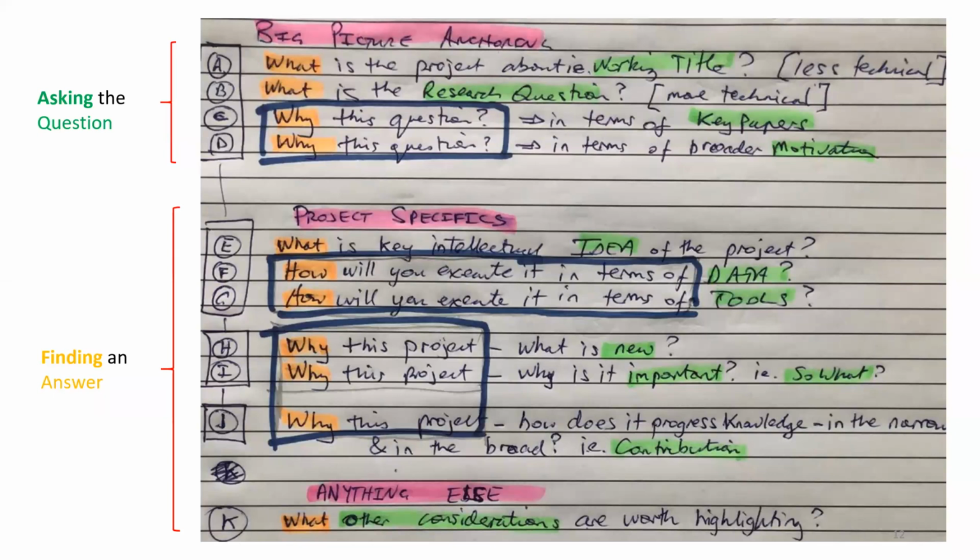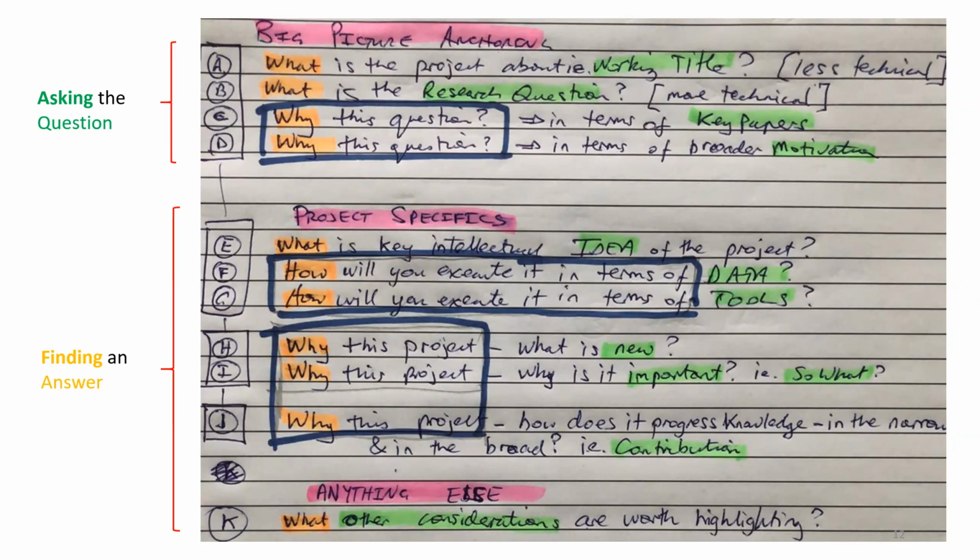Items C and D are now why questions. And indeed, they have a very common theme. They are questions that ask, why this question? Why have you chosen to look at this research question? So item C takes a narrow view of this. Why this question in terms of the key papers?